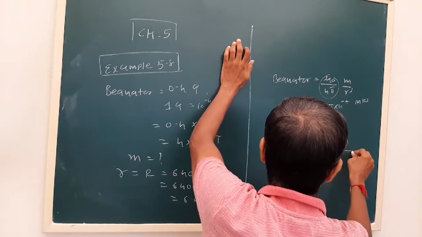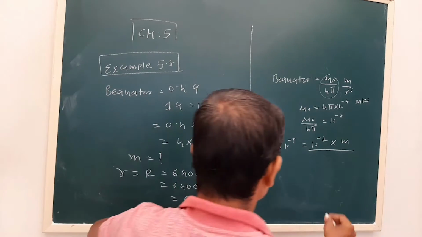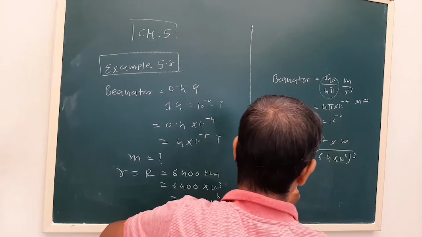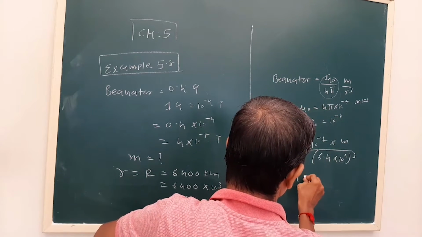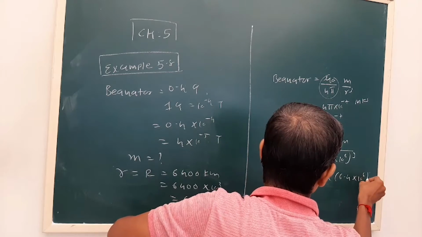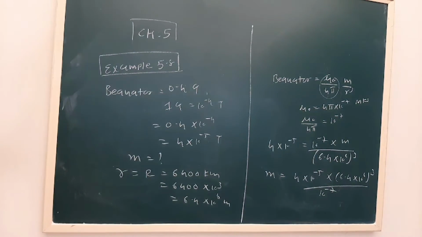Here 4 into 10 to the minus 5 is the equatorial field; m we have to find out, and 6400 kilometer we have converted into MKS units, that is 6.4. We make m the subject of the equation. Now you can solve, and that will be 1.0.